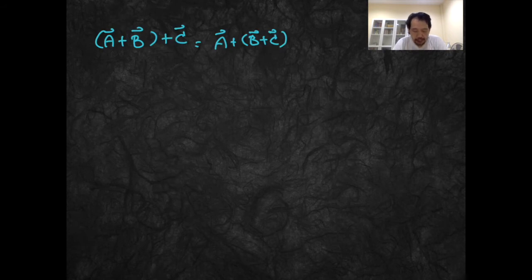We can add A and B first and then add to C, or we can add B and C first and then go add to A and give the same result. Okay, this is a basic property. I will not prove this property. You have to go to the math class to prove this property. I think you should learn this from high school already.